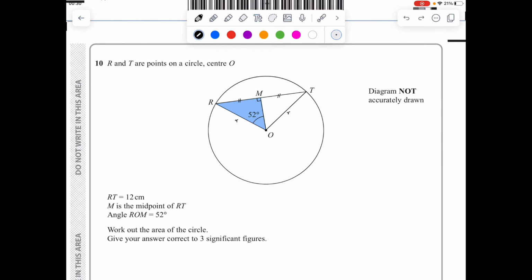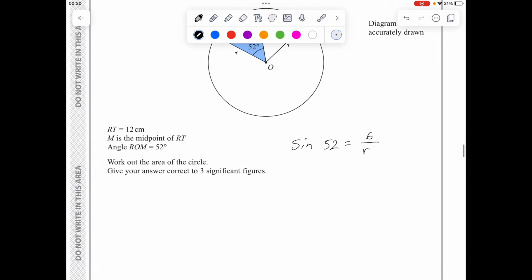So from this triangle, sine of 52 equals opposite over hypotenuse, and the opposite is half of 12, so that's 6. So 6 over R. If I rearrange to get R on its own, I'll get R equals 6 over sine of 52.